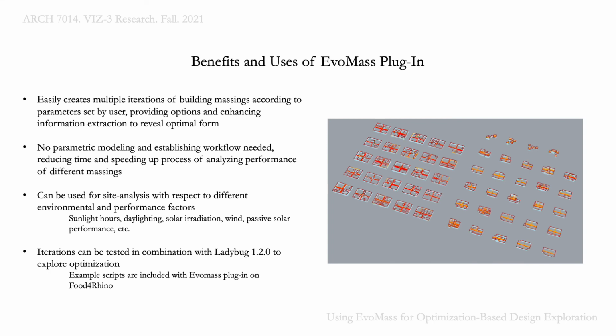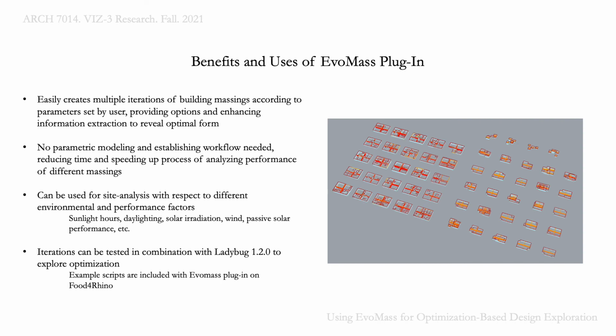So what are the benefits and uses of this EvoMass plugin? Number 1, it easily creates multiple iterations of building masses according to parameters set by the user, providing options and enhancing information extraction to reveal optimal form.